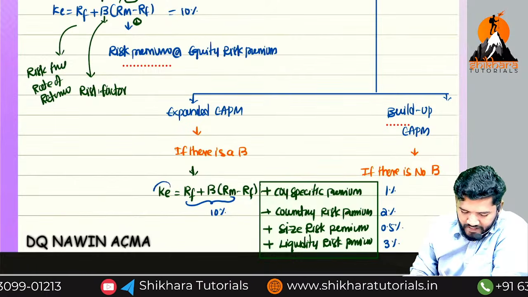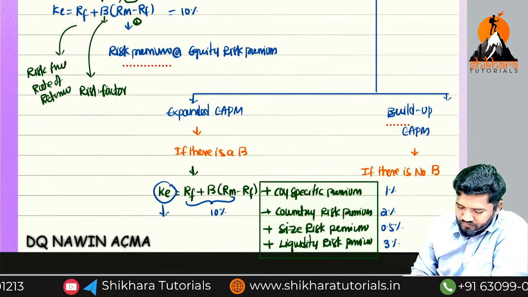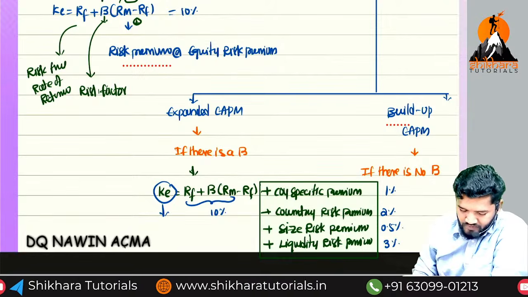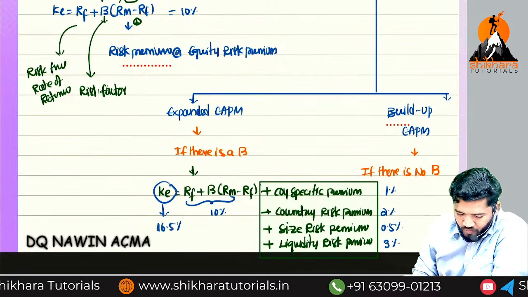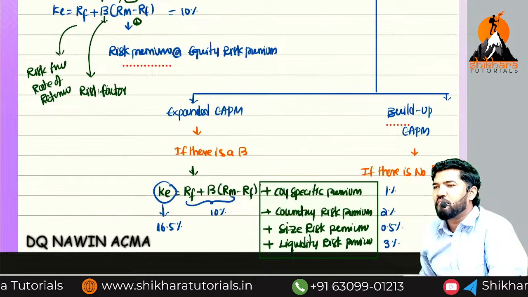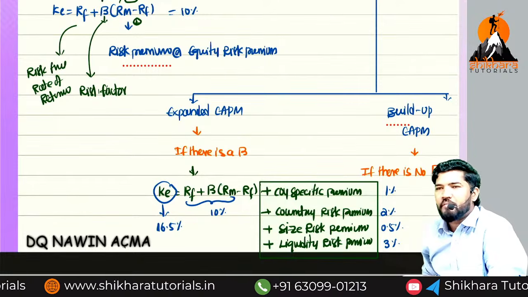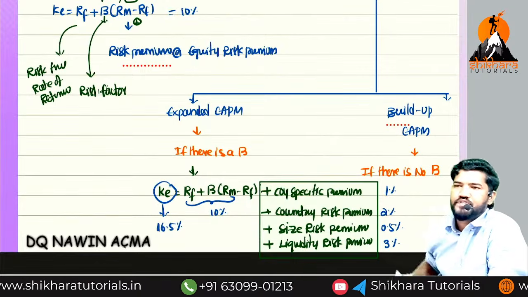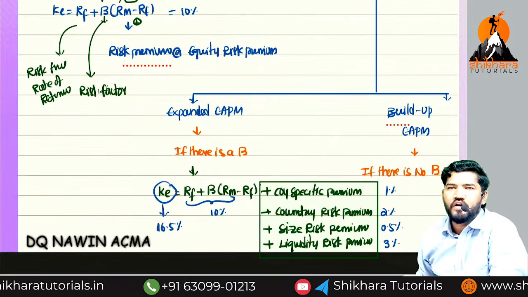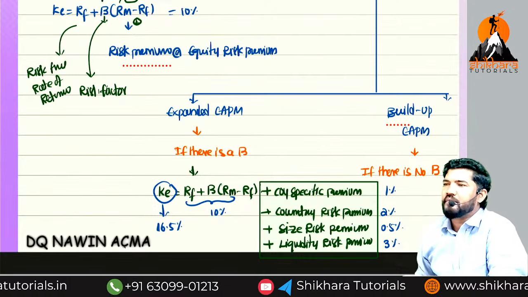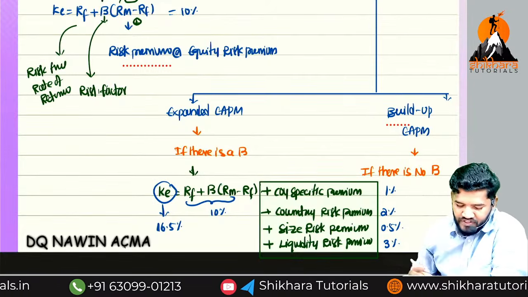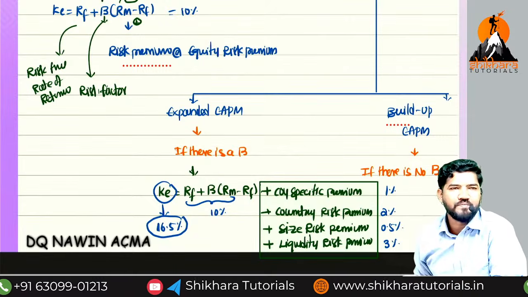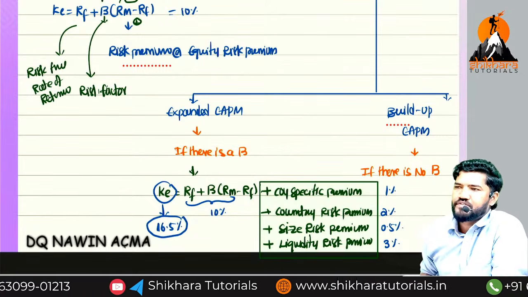Now what is the total KE? 10 plus 1 plus 2, 0.5 plus 3. Are you expecting more return in startup companies or less return? More return only, no? 16.5%, compared to public companies. Clear, sir? So this is called realistic KE calculation for private companies, startups and small size companies.